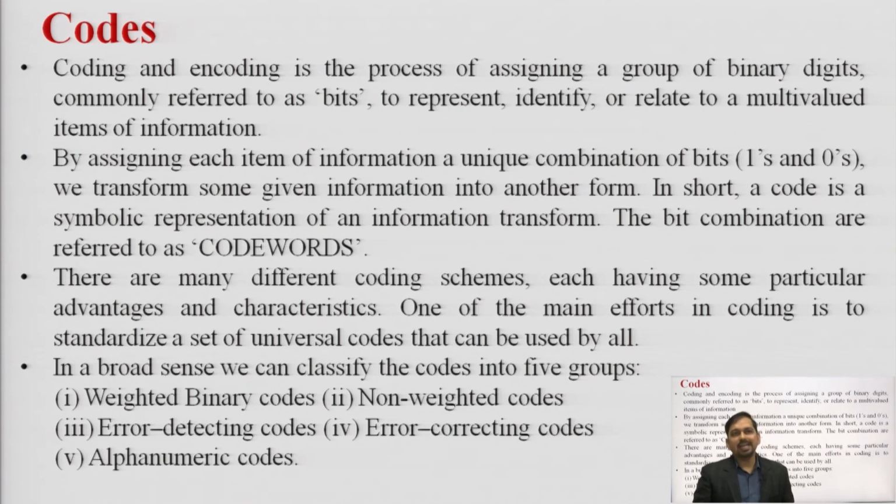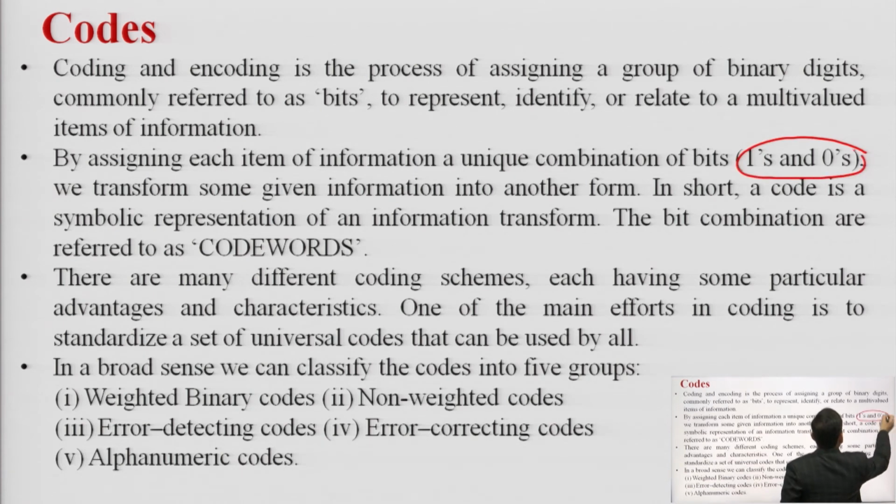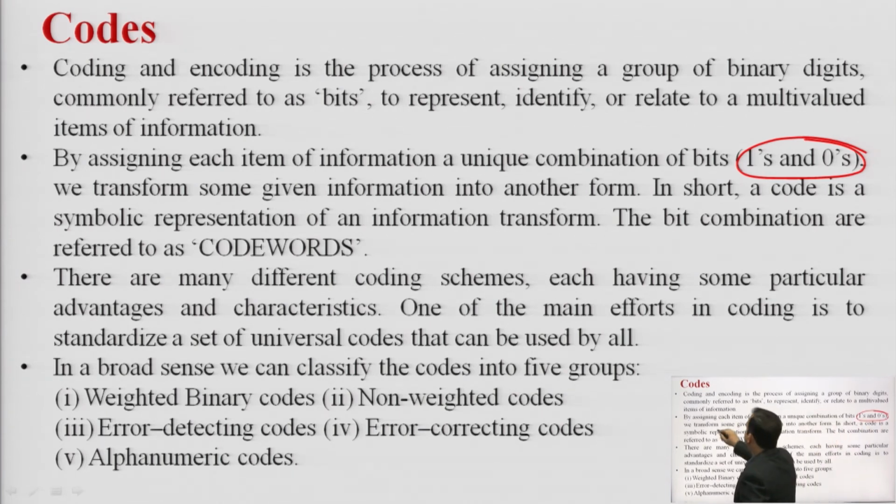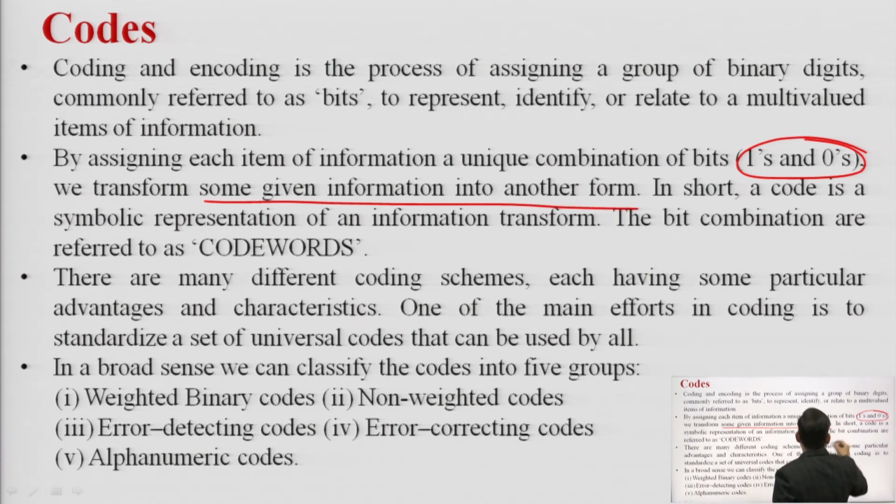By assigning each item of information a unique combination of ones and zeros, we transform some given information into another form. In short, a code is a symbolic representation of an information transform.